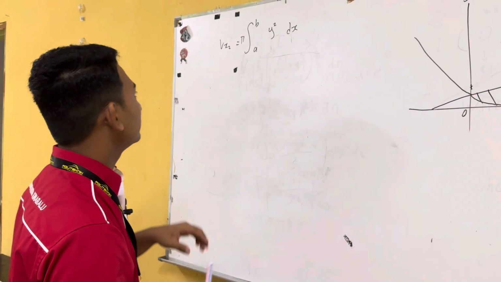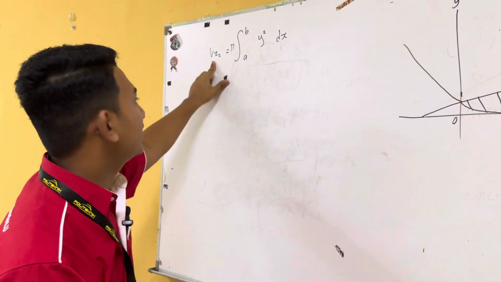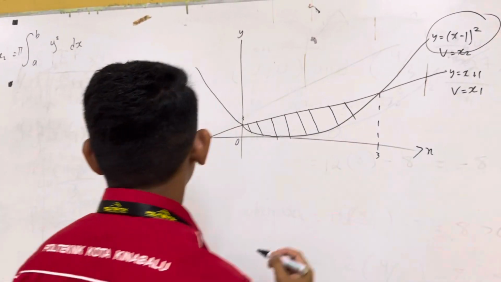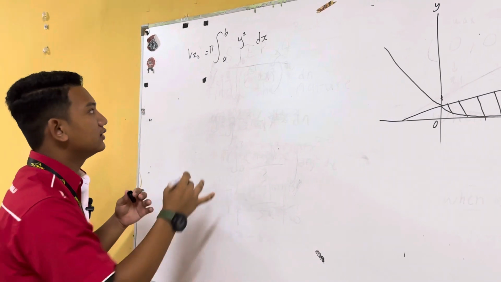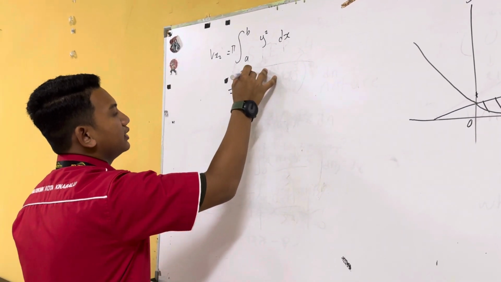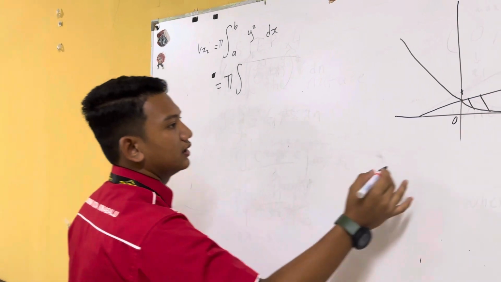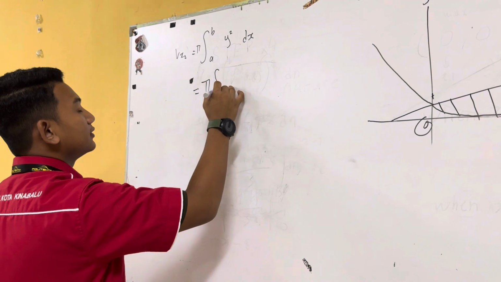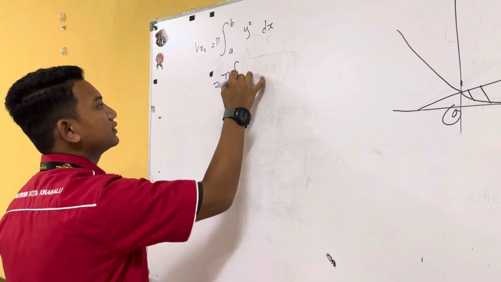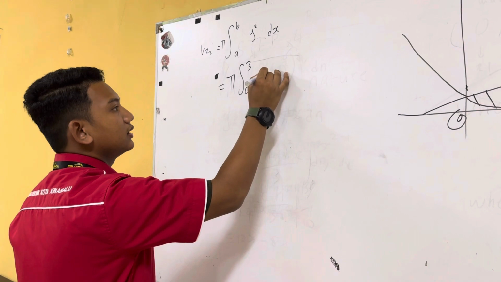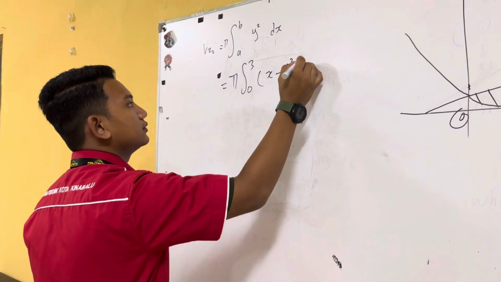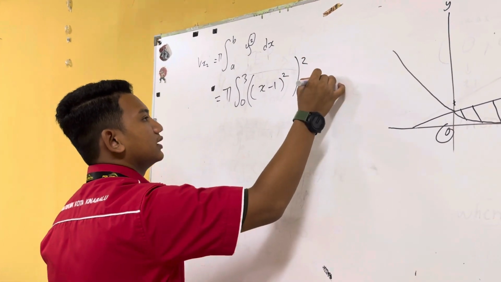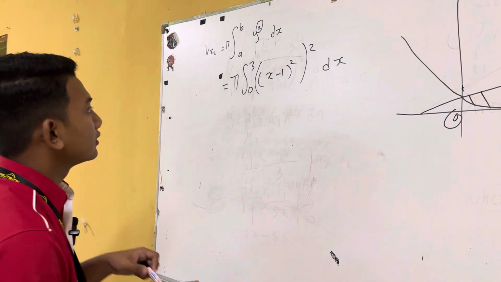So I will calculate the value of Vx2. We use this value from the diagram, just put in the value. So pi integral with the limits 0 to 3, and don't forget this value.